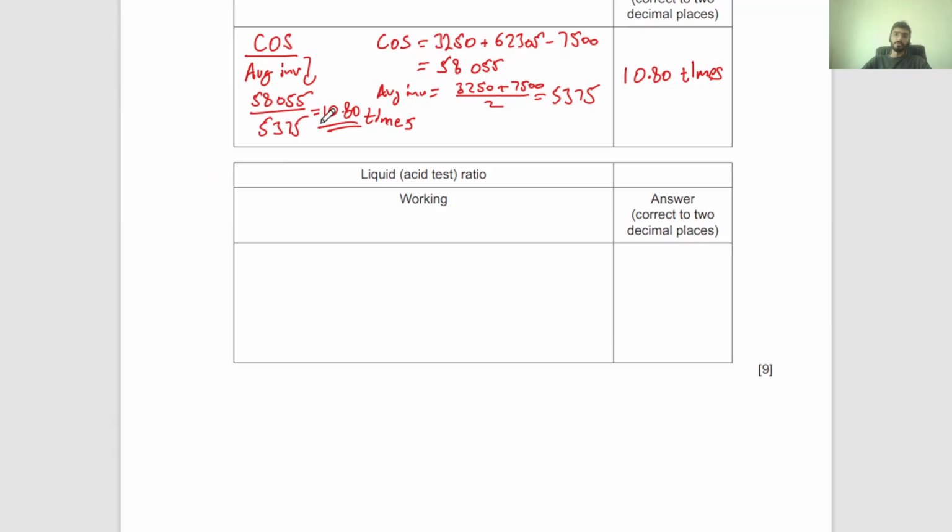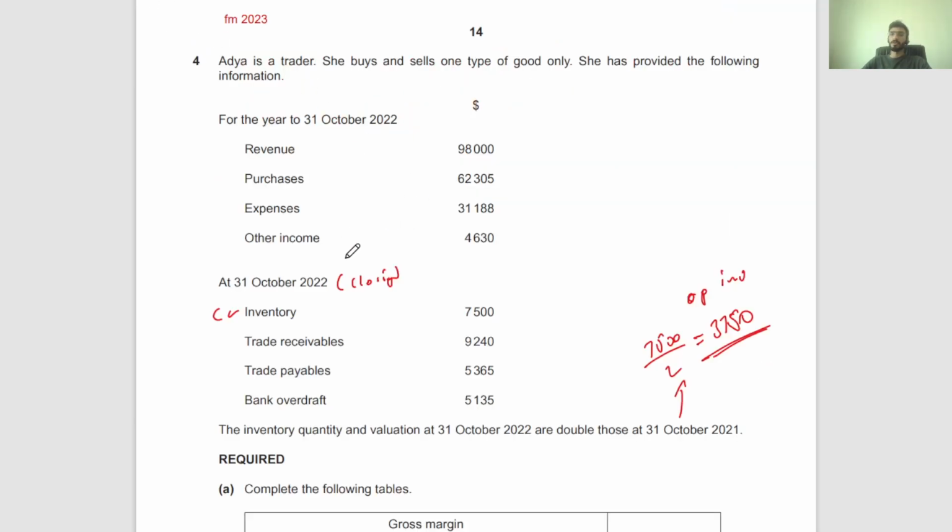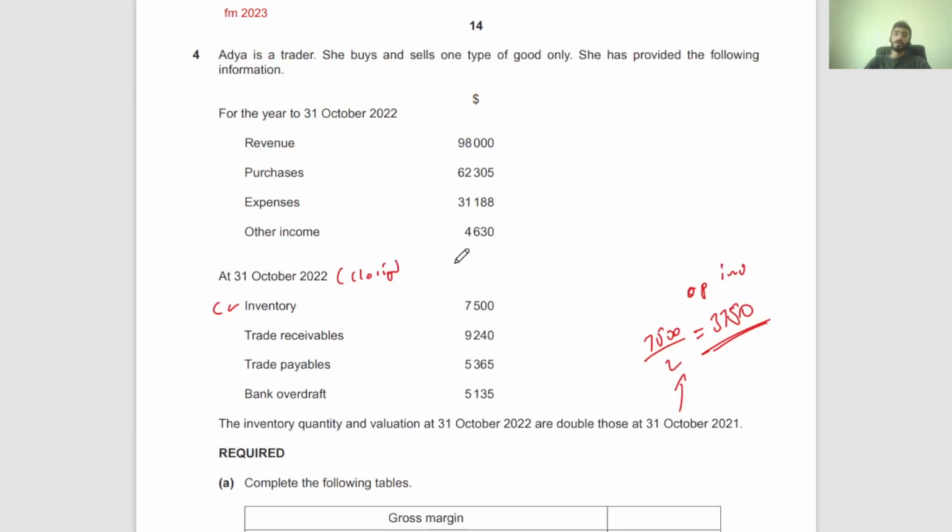Yeah, because this can be done at the beginning of the year or at the end of the year. But if you notice, we only have the inventory figure at the beginning of the year. We don't have any other figures at the beginning. The point is, we're at 31st October 2022, so we will be calculating these ratios for that date. Okay, just keep that in mind.